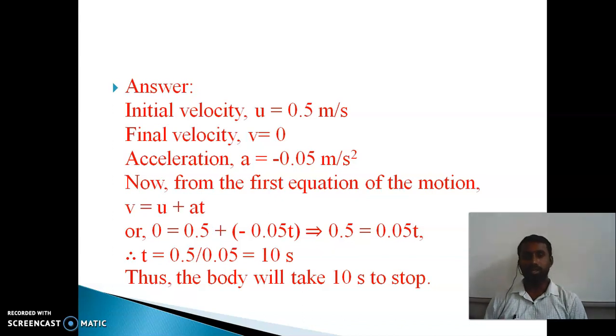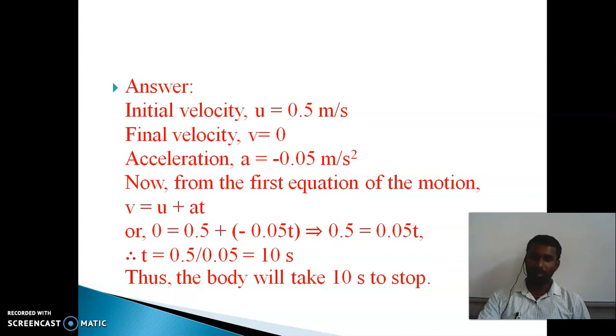So your initial velocity u equals 0.5 meter per second. Your final velocity is 0 meter per second, because it is going to decrease continuously from the initial velocity until at one point it will be 0 meter per second. So the acceleration a equals minus 0.05 meter per second square.